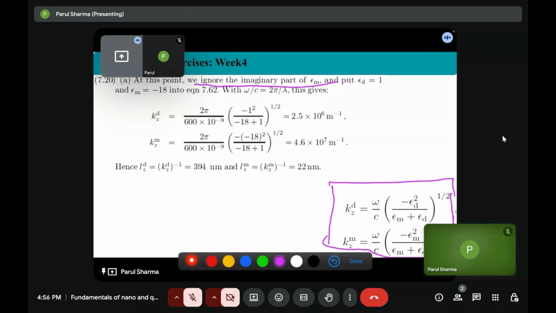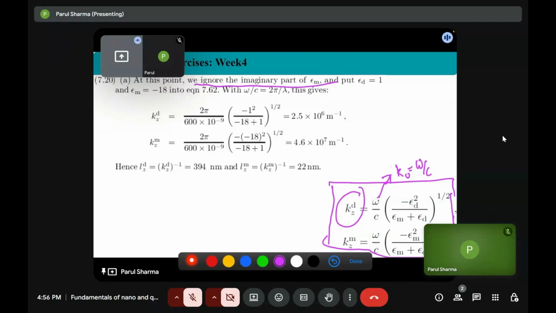For the dielectric wave vector, this is k naught, omega by c, times the square root of epsilon d squared upon epsilon m plus epsilon d. So omega is 2 pi nu, and nu is equal to c by lambda.